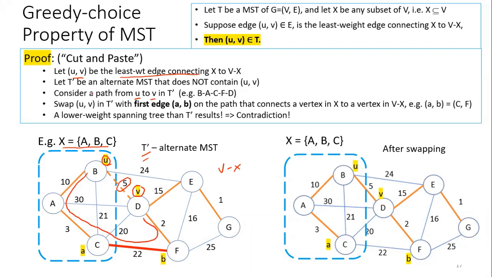Now what we're going to do is swap U comma V into T prime with the first edge, shown here as A and B, on the path that connects a vertex in X to a vertex in V minus X. It's essentially saying pretty much the same thing, but putting it in a more formal manner, so you only end up with one particular edge.